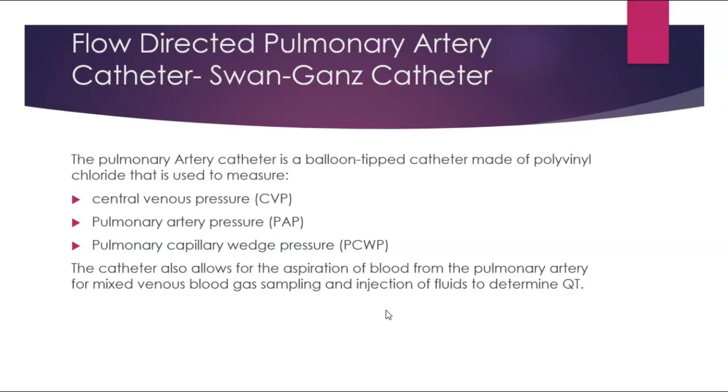If you want to do more in-depth monitoring, you can put in this Swan-Ganz pulmonary arterial catheter that can be floated further into the heart and eventually into the pulmonary arteries, where it can measure things like your pulmonary arterial pressures. And also in the pulmonary artery, you're going to be measuring your pulmonary capillary wedge pressure.